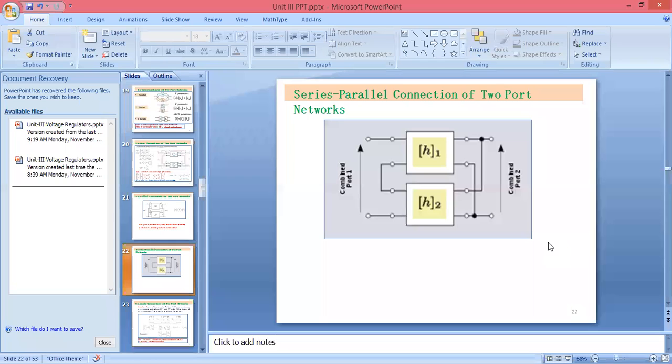So you can see when we are taking the series and parallel connections for the two-port network, we are connecting port 1 as a series connection, and we are making the parallel interconnection at port 2. So here we are making the combined port 2 as parallel.